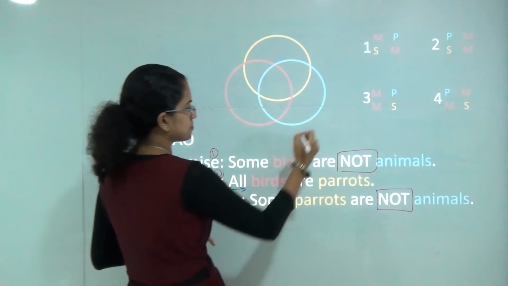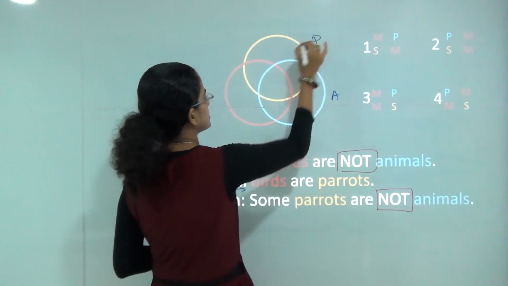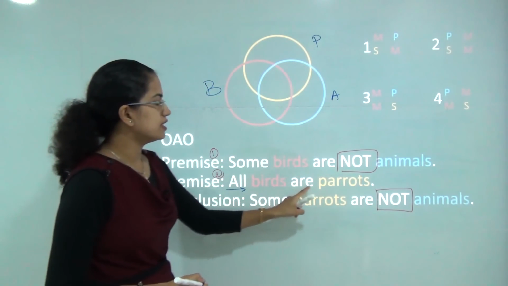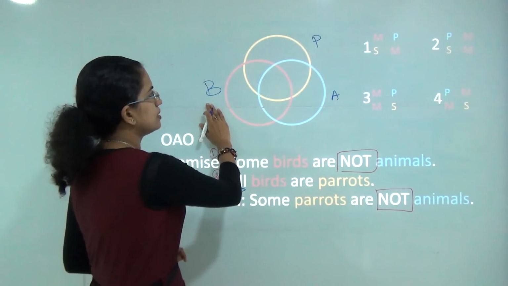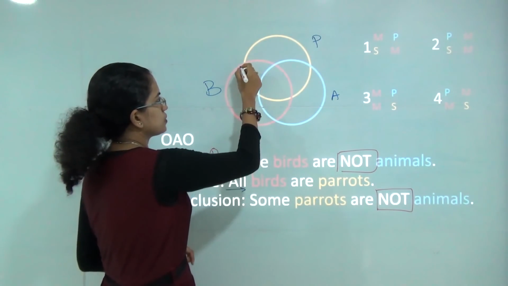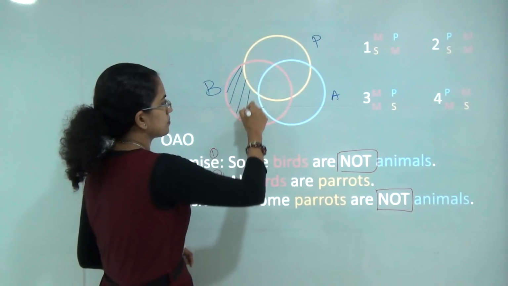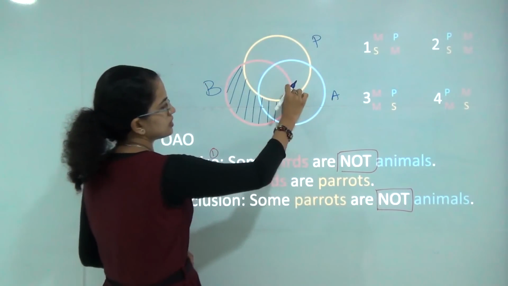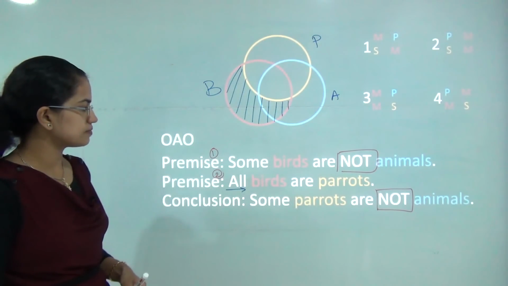So I have animals, parrots and birds, the same convention again. So all birds are parrots. All the birds are parrots. So where should I mark the excluded region? So this would be the excluded region, because all the birds are parrots is this region.